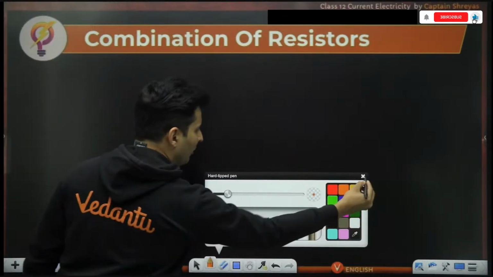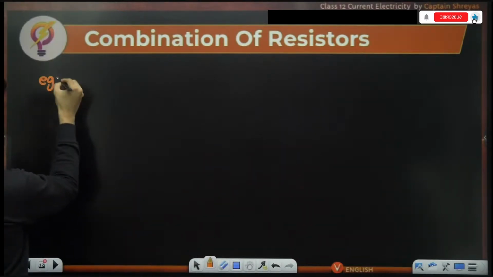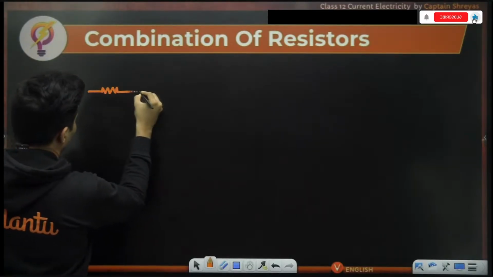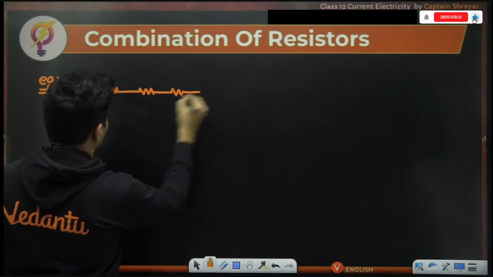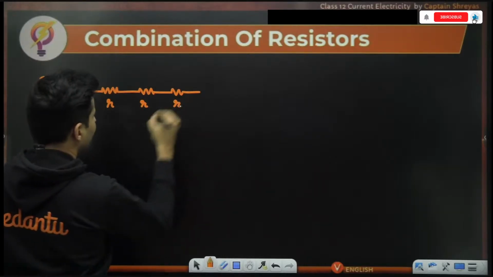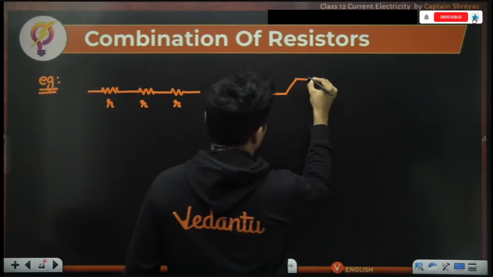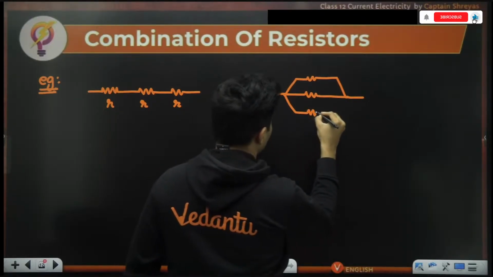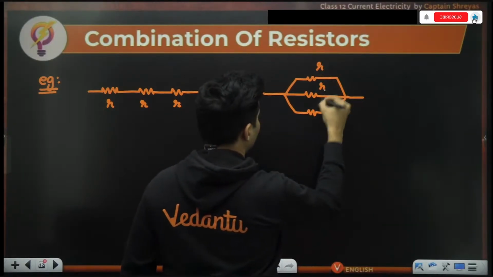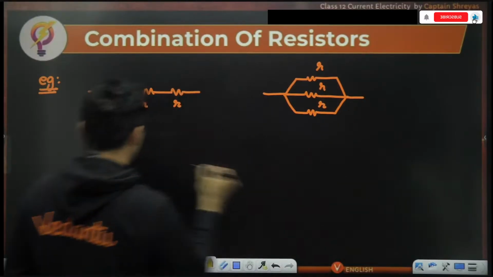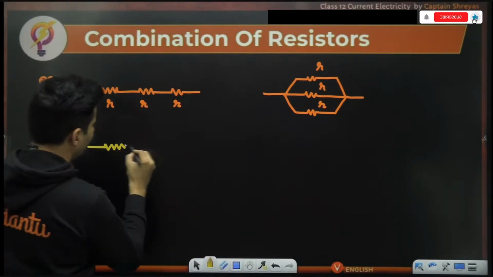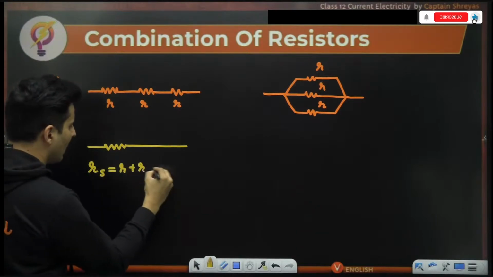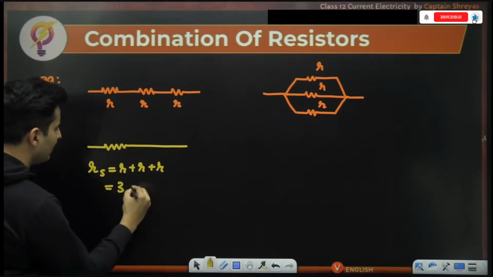Now, often you are given 2 resistors in parallel and then you have to quickly find the equivalent. When you have the same resistors in series versus the same resistors in parallel, it is very easy to find the equivalent. For this scenario, because they are in series, the equivalent resistance will be R plus R plus R, which is basically 3R.